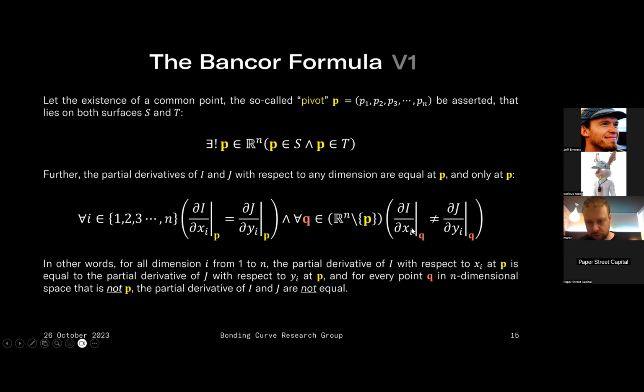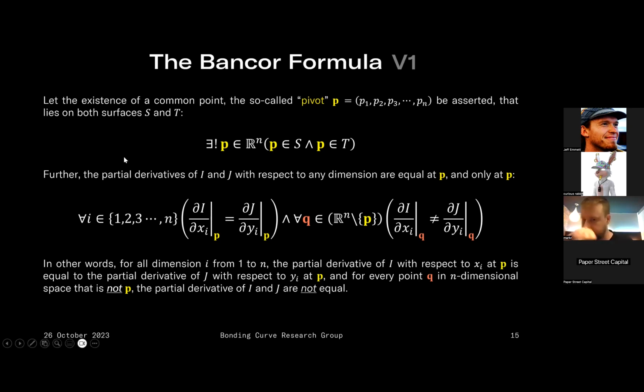So long story short, I know that this is a bit of a mouthful. What we're saying is that there is one point that is on both of these curves or is on both of these surfaces. And at that point, the partial derivative or the gradient in any dimension is the same also on both of those curves. So at this one place, like if you were to be on P, right?